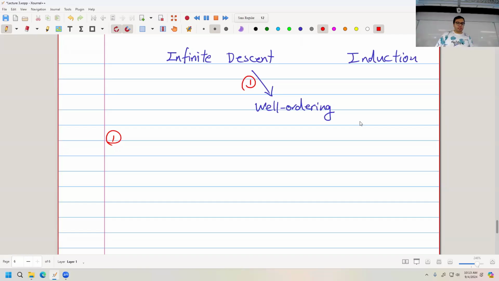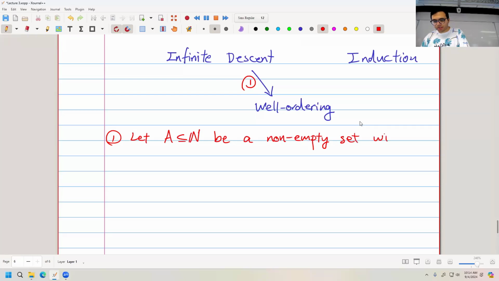So I want to prove well-ordering. And I say, suppose this is not the case. Again, I'm going to do proof by contradiction. Suppose well-ordering does not hold. Okay, so let A, a subset of natural numbers, be a non-empty set without a minimum, without a smallest element.